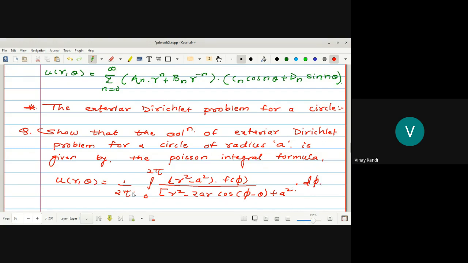This formula is known as Poisson's integral formula. So we have to show that the solution of the exterior Dirichlet problem is this u of r, theta.